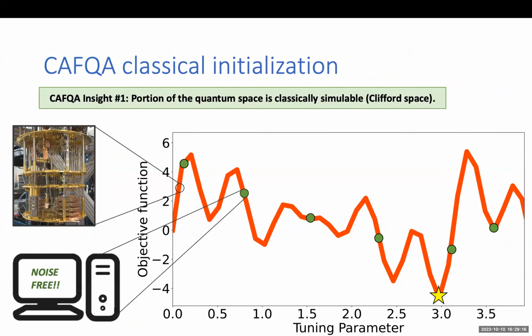Okay, so in this work, Kafka, there's a key insight that even though this contour itself is essentially a quantum contour, there are some specific points, these discrete green dots over here, which correspond to something known as Clifford points, which can actually be run efficiently in polynomial time on a classical computer. And because you're running on a classical computer, it's noise free, right? So you get all of these green dots for free.